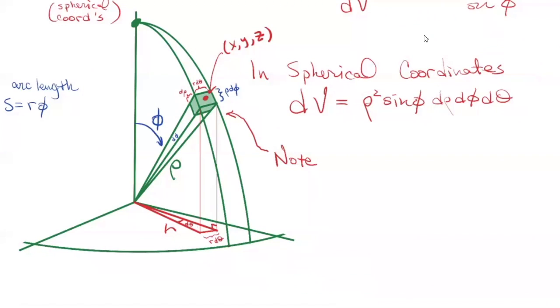So dV here would be just multiplying: the first length is d rho, the next length is rho d phi, and then the next length is r d theta.